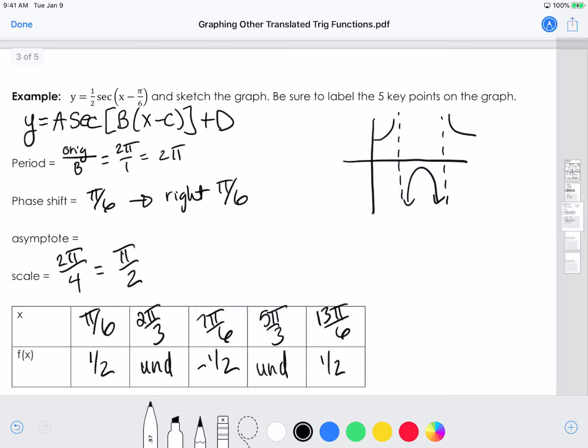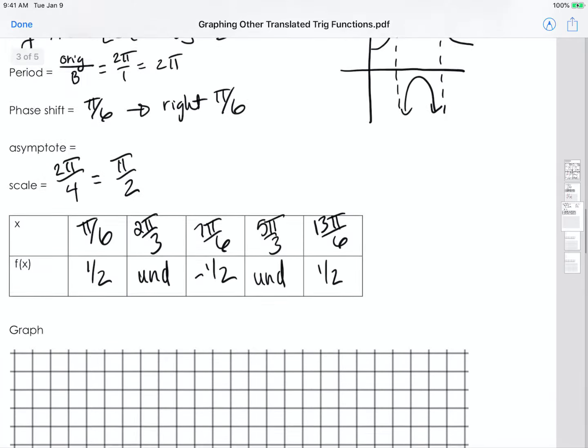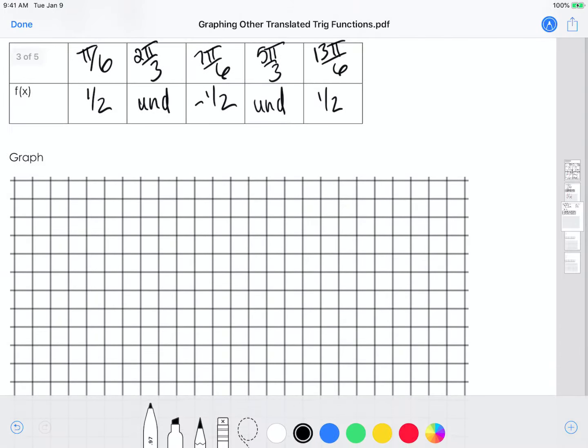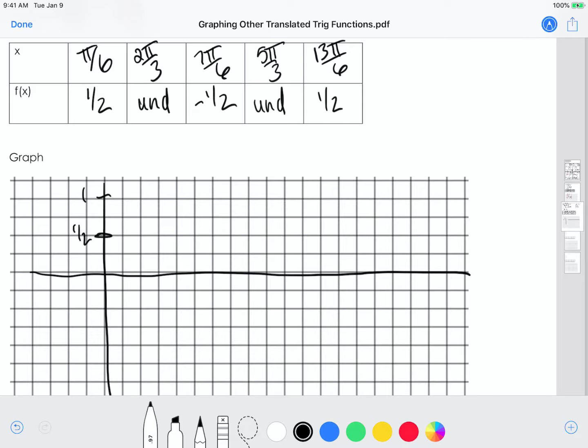Now that we see on our table where our asymptotes are, I can label them here. Our asymptotes are at x equals 2 pi over 3 and 5 pi over 3. So let's go ahead and plot these points. So here's 1/2, here's 1, here's -1/2, and here's 1.